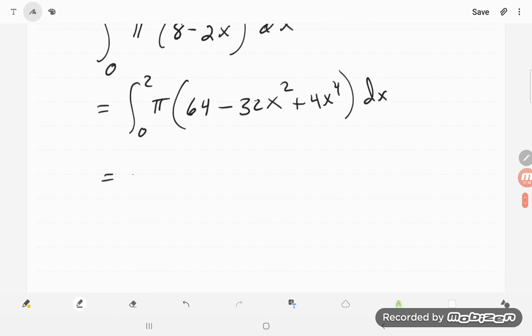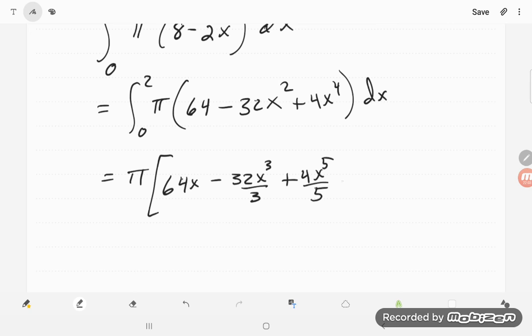So this is pi times 64x minus 32x cubed over 3 plus 4x to the 5th over 5, from 0 to 2.